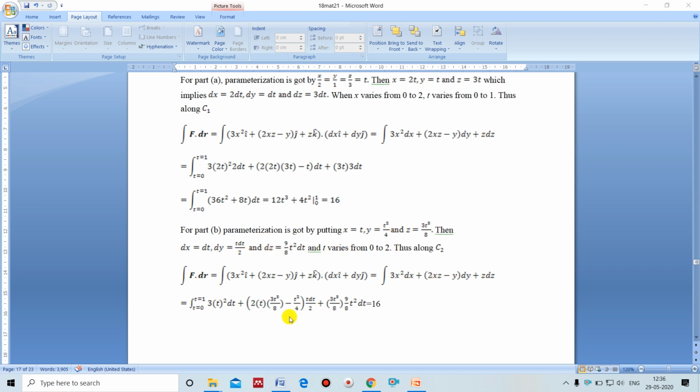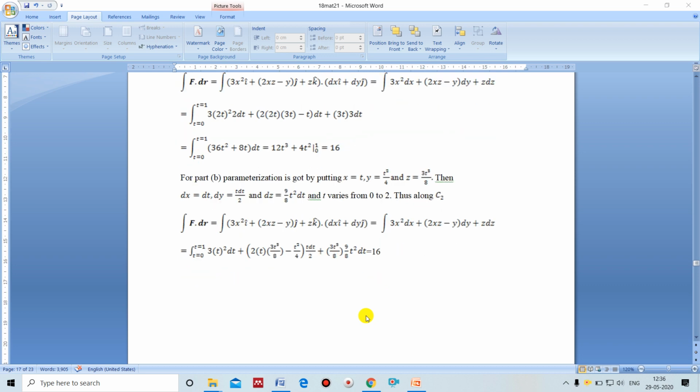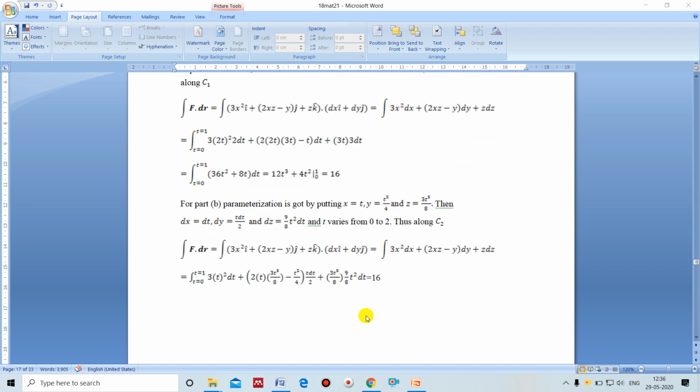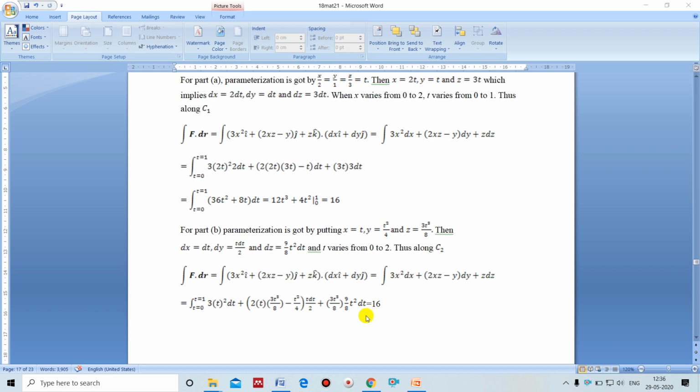Then integrating with respect to t and putting the limits, the answer is 16. Therefore the work done along the curve C2 is 16. Here we conclude that the work done along the curves C1 and C2 is the same.